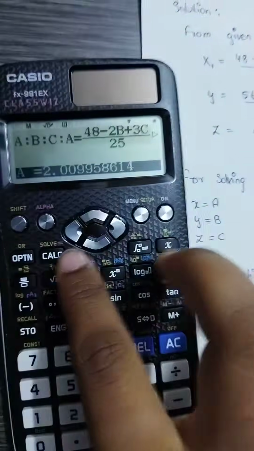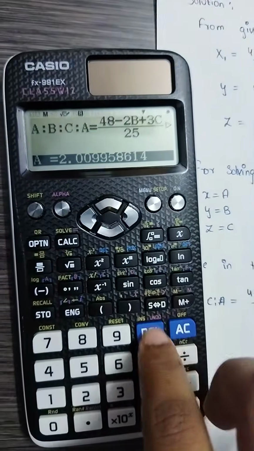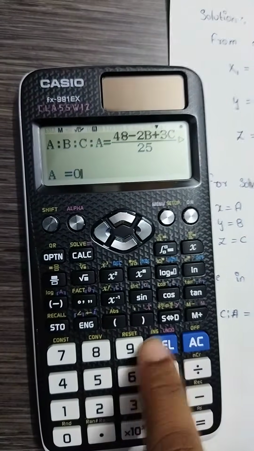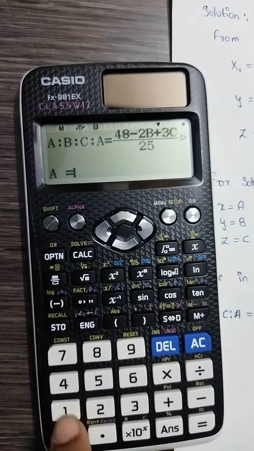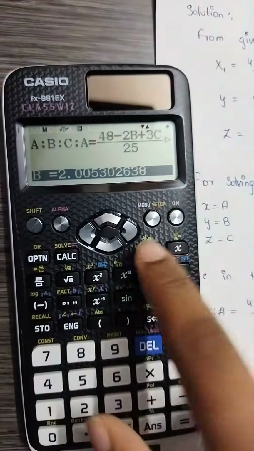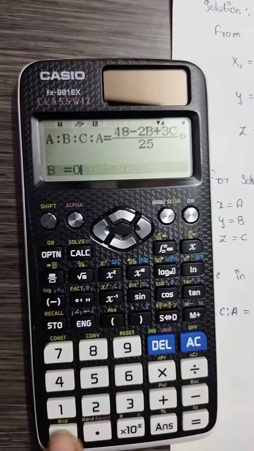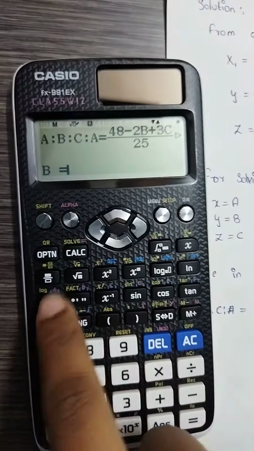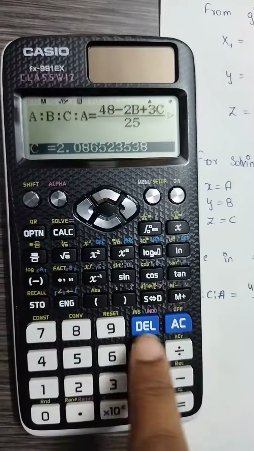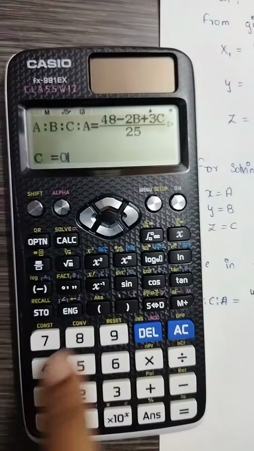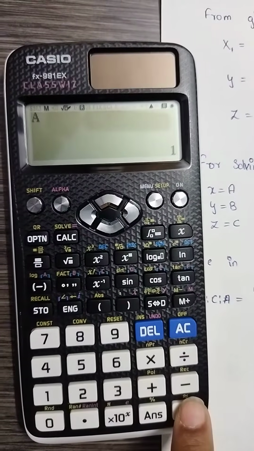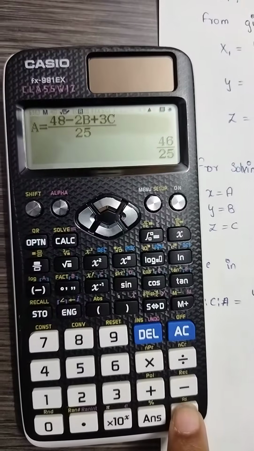So undo, now just press 0 and undo 1 equals to. Again they have said 1, 1, so again press 0, undo 1 equals to 1, 1, 0, right? So 0 equals to: a is equal to 1, b is equal to 1, c is equal to 0.